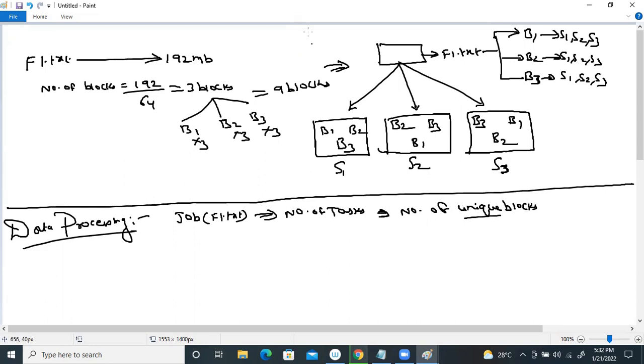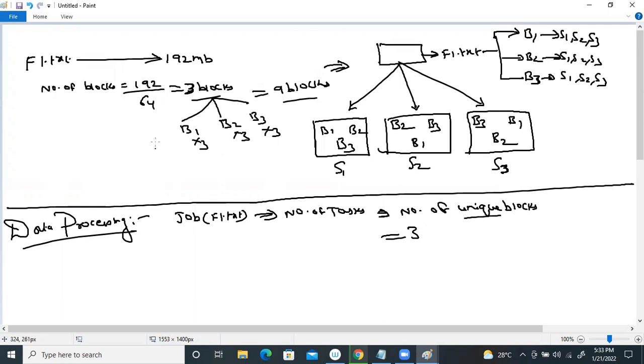Why am I saying unique blocks? Here, how many: 9 blocks or 3 blocks? 3 blocks, sir. 3 blocks, right? That's why I was saying that unique blocks does not mean these 9 blocks. 9 are duplicated blocks.